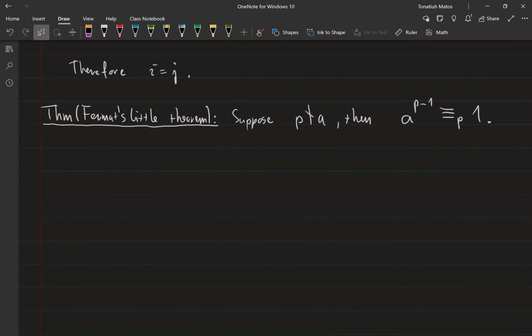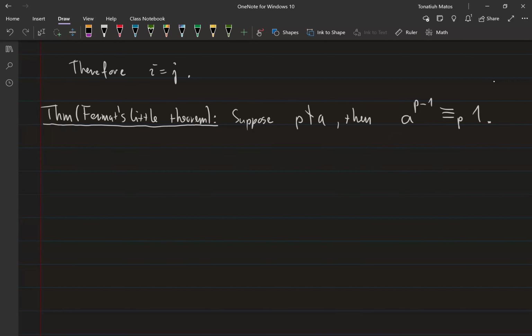If you multiply A on both sides, you get this, right? And that is true even if P does divide A, because 0 to the P is actually equal to 0. So these are equivalent forms of the same theorem, and you might find this in a textbook, where it looks a little bit more general, but it's of course the same argument.